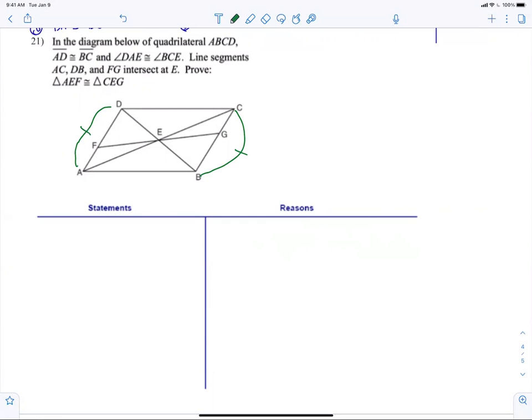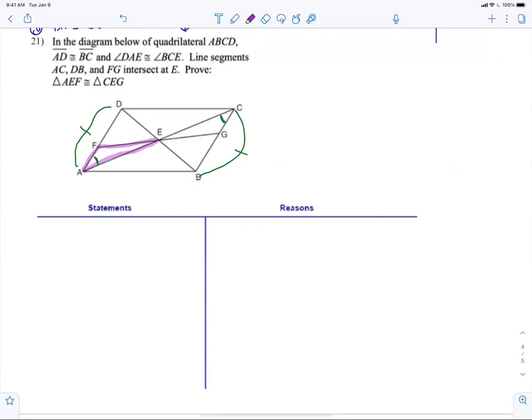AD is congruent to BC. Angle DAE is congruent to BCE. And line segments AC and BD intersect at E. Prove that AEF, where is AEF?